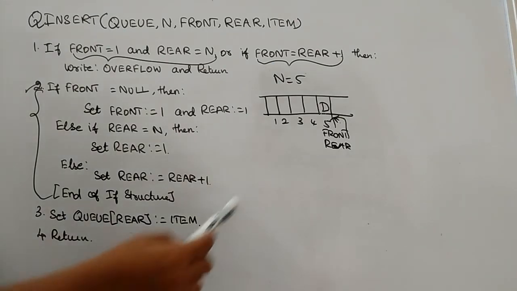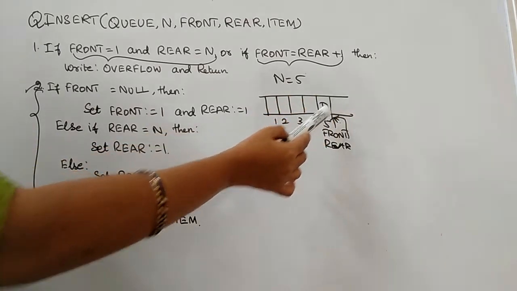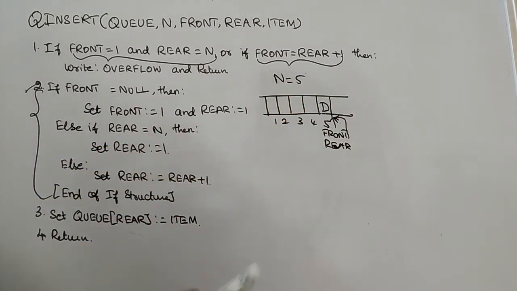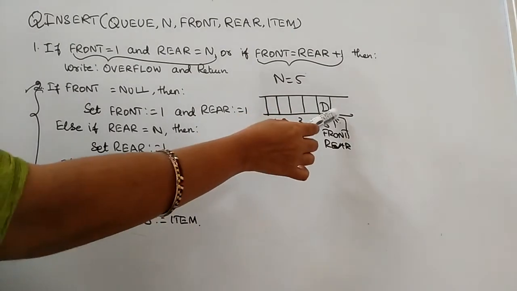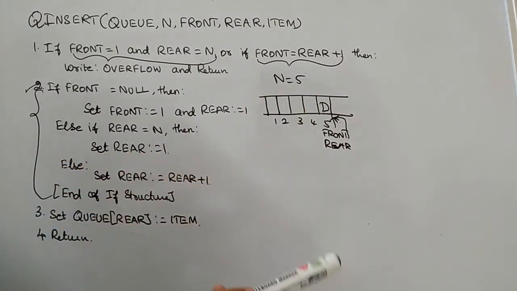So if I try to insert one more element into the queue, I am not supposed to prompt the user as overflow just since the rear reaches n, because there is empty space here.